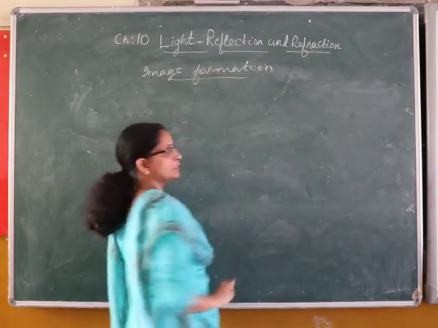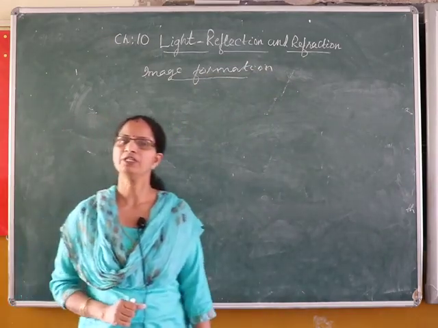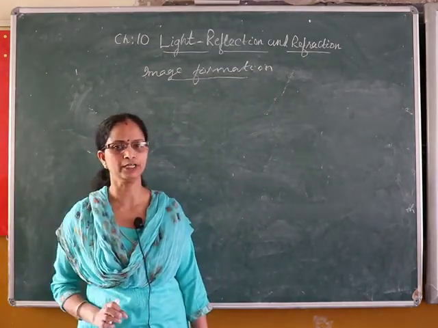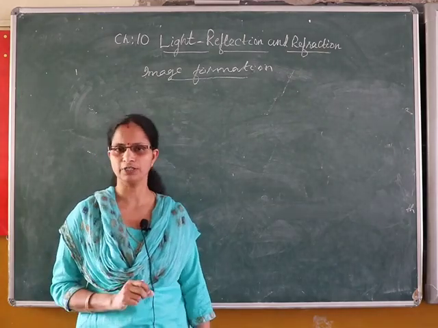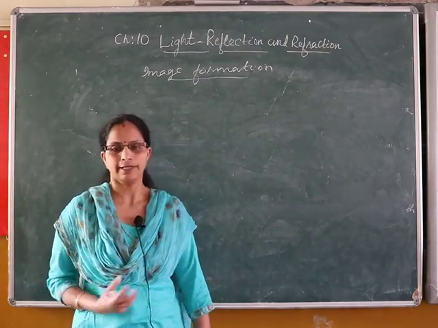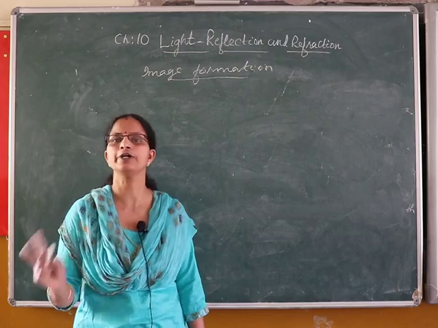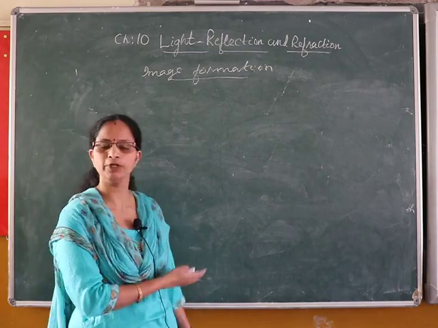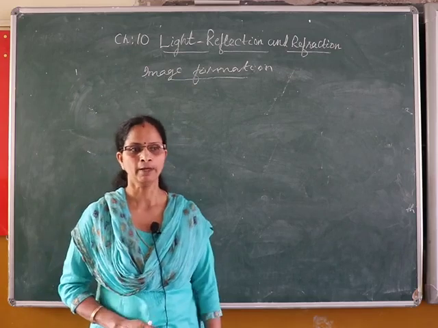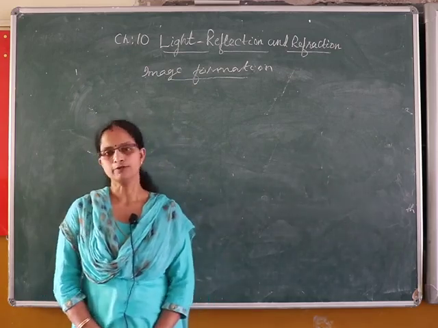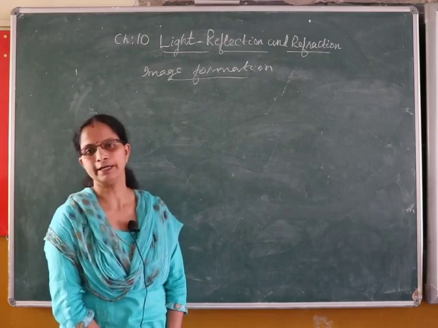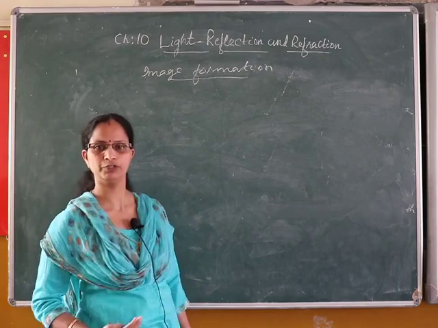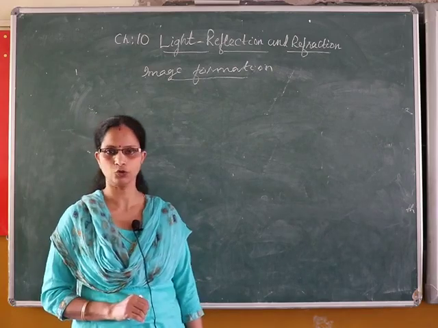From every part of that object, light rays start and strike the mirror so that its image is formed, either in the concave mirror or in the convex mirror. But practically it is not possible for us to show all the light rays that are starting from the object and show its image.